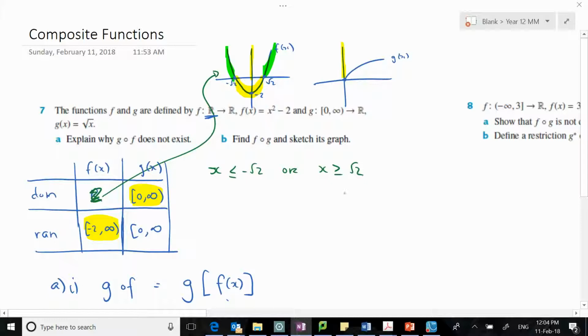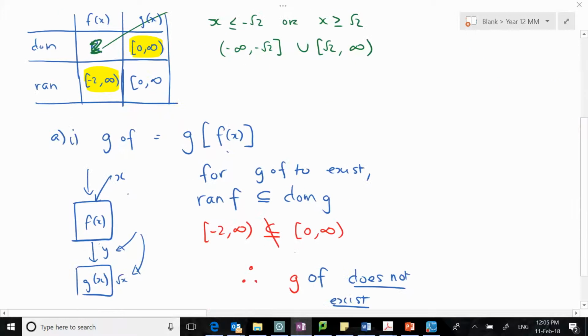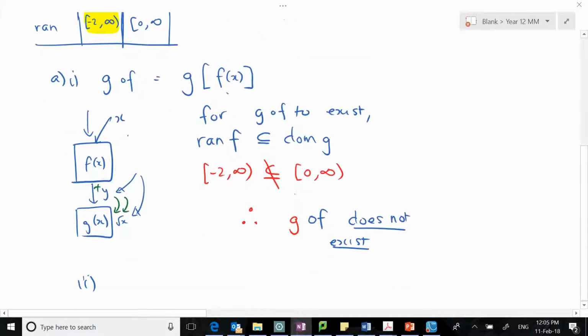How you would normally write that is -∞ to -√2, including, union √2 to +∞. That's how you would restrict the domain, because that will ensure you will always get positive y values. Here, all the coordinates are always positive y values. If this is always positive, then all the numbers that you square root are always going to be positive, therefore g of f exists.